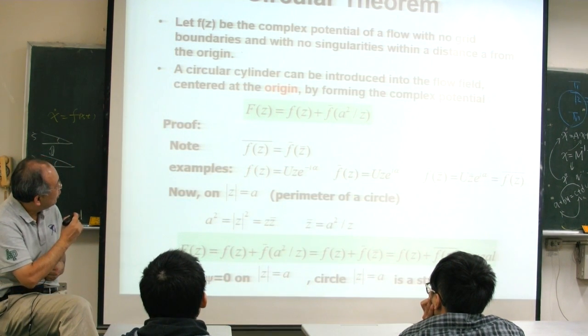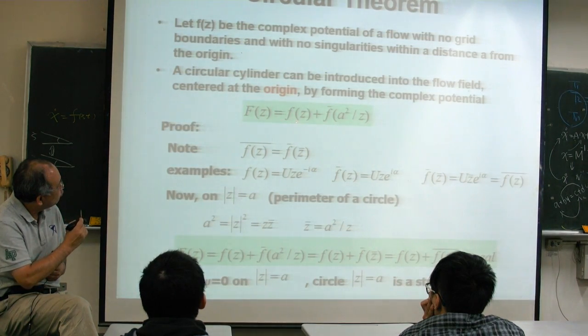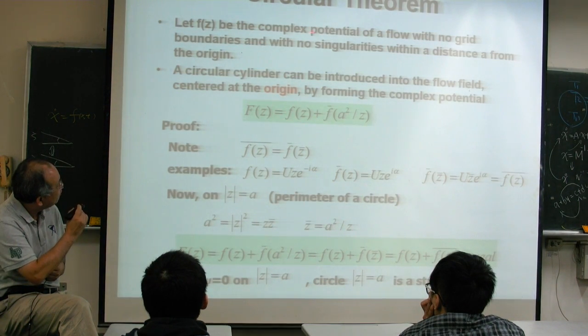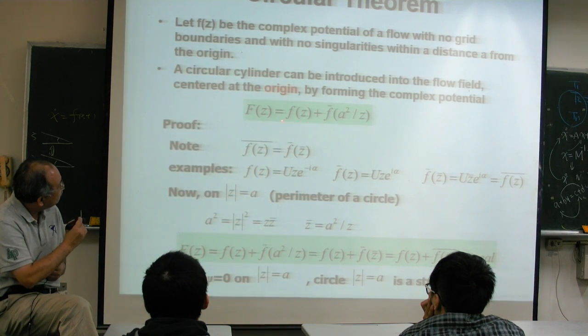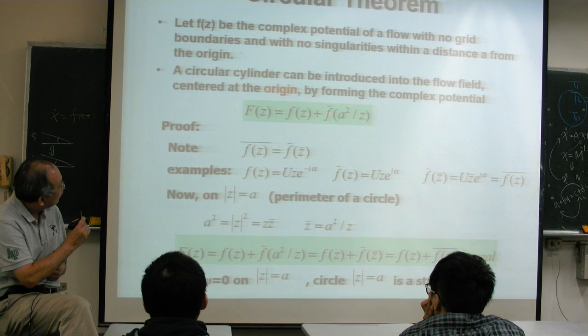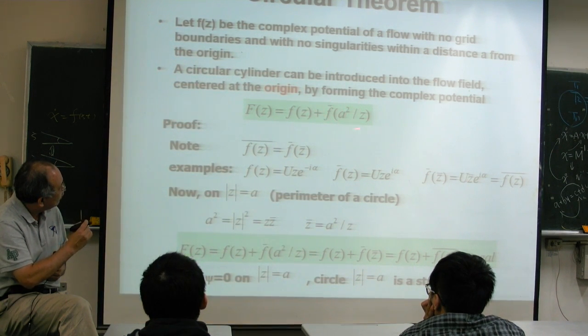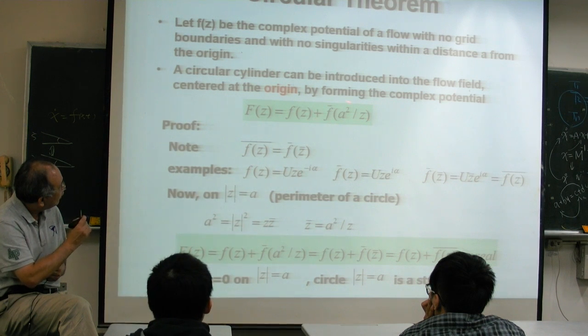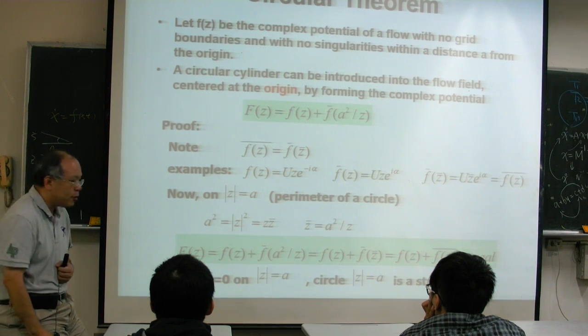We can use this: the complex potential will be equal to our simple complex potential, plus F bar of a squared over z. This additional term will give you the flow over a cylinder in this basic flow.